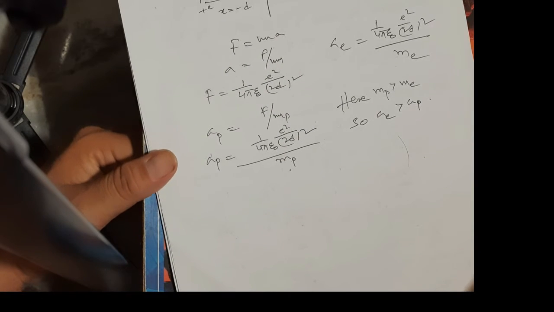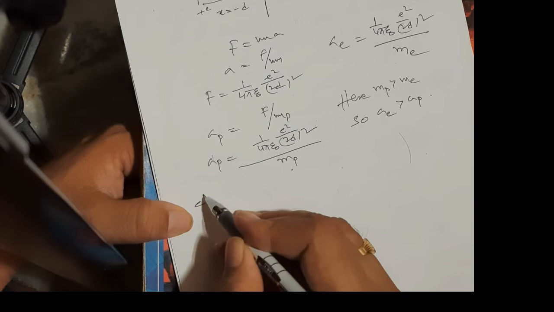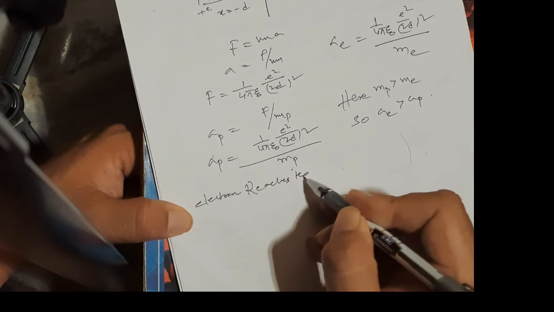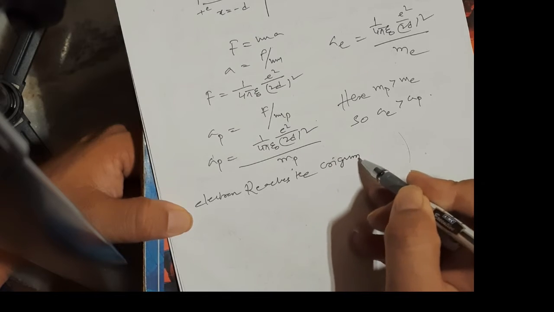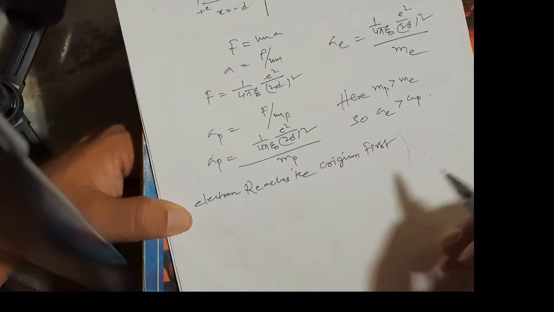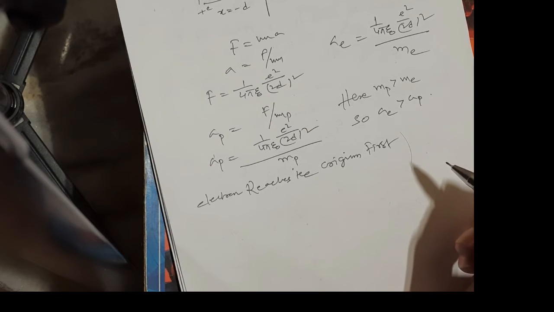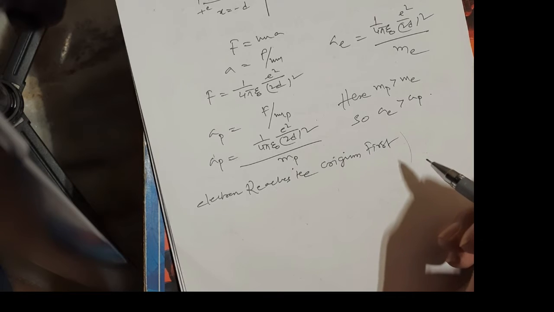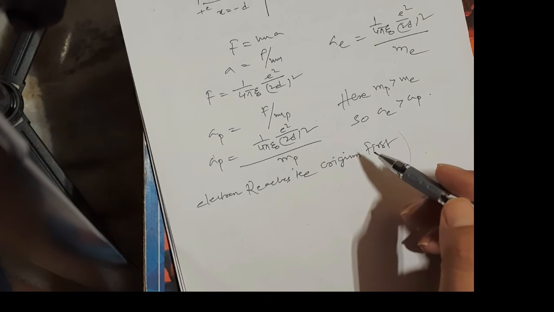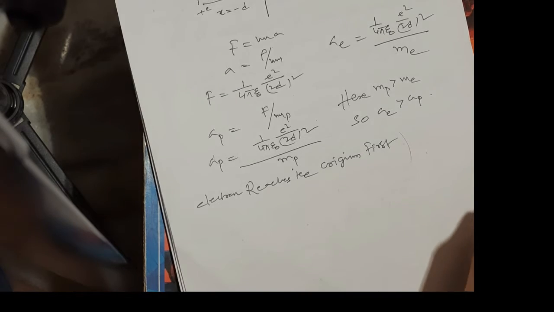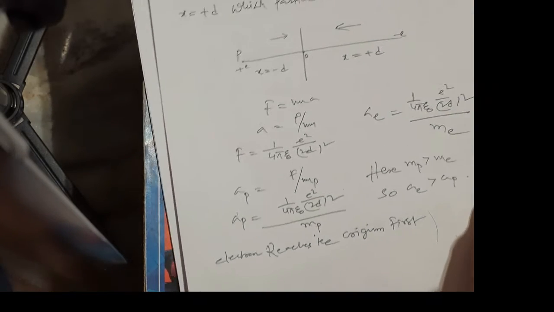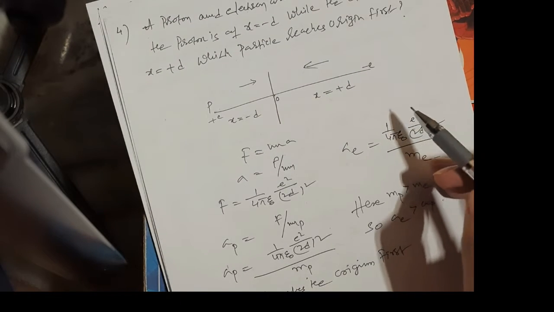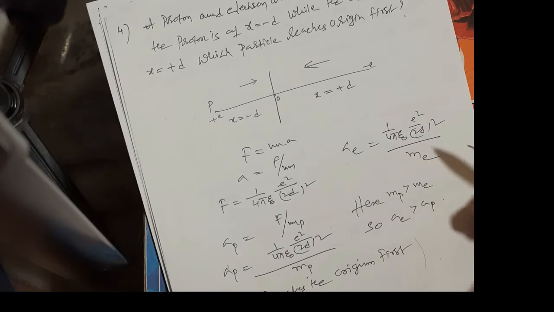So who reaches the origin first? The electron reaches the origin first when they are released. Why? Because the mass of the electron is less compared to the mass of the proton. Acceleration is inversely proportional to mass here, but the force is the same. The force acting on the proton is equal to the force acting on the electron.